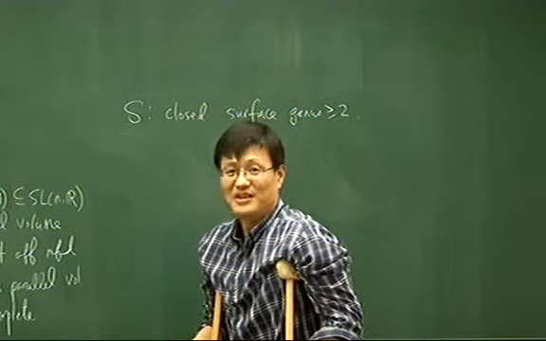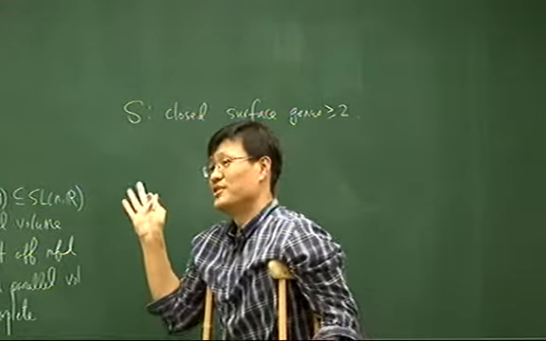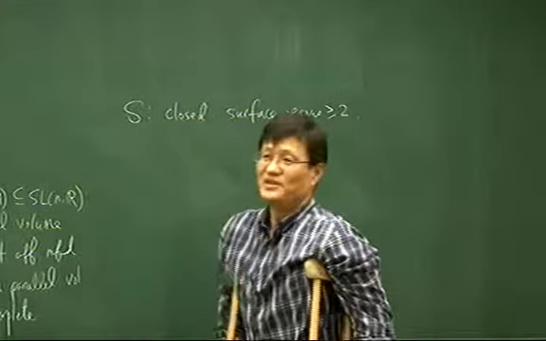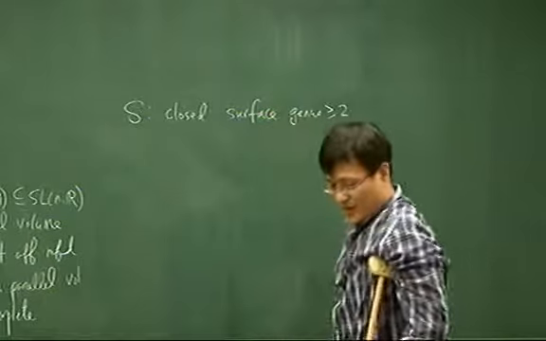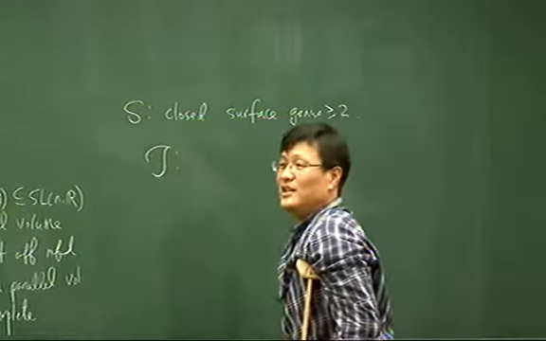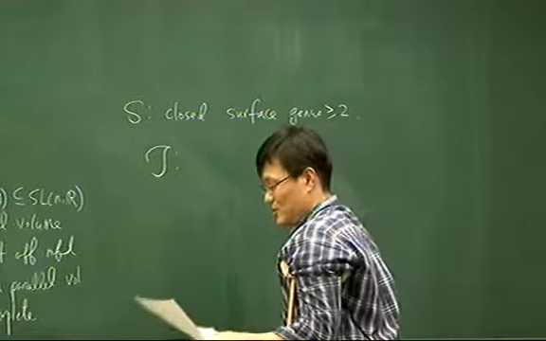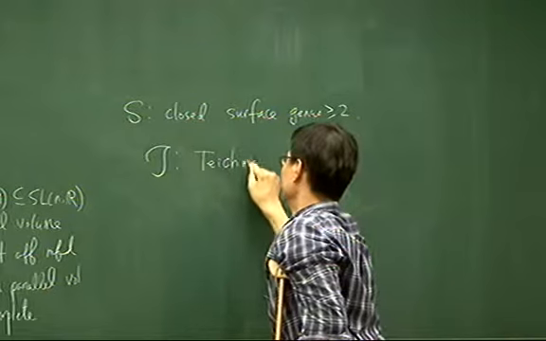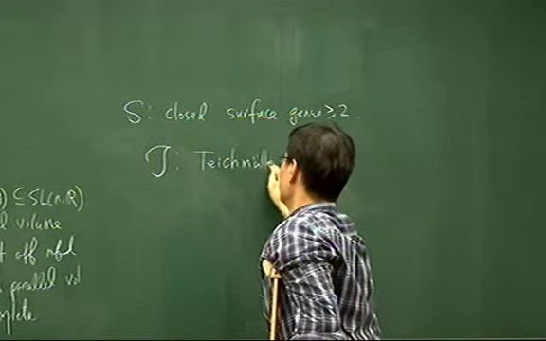For example, there is some hyperbolic structure, but by no means is it unique. You can think of all the hyperbolic structures on this surface as the Teichmuller space.